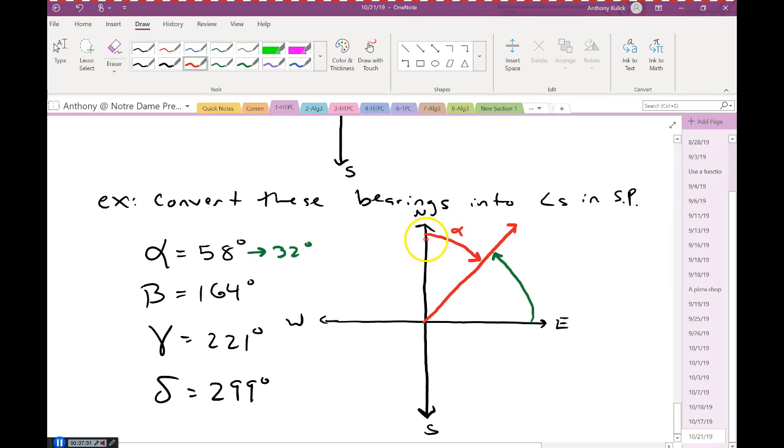So if I do 164, everybody agree with that? Okay, so the angle that we're interested in then would be this one. How much is that?